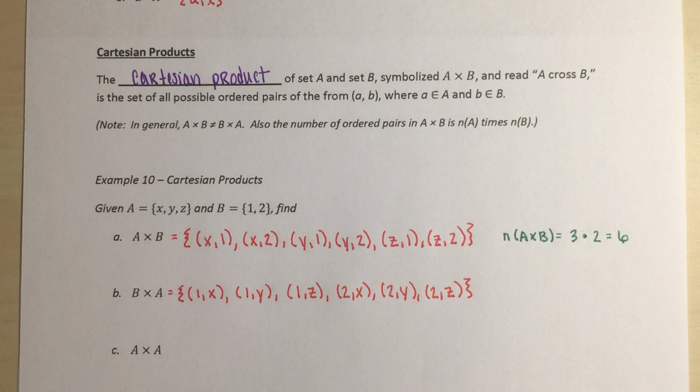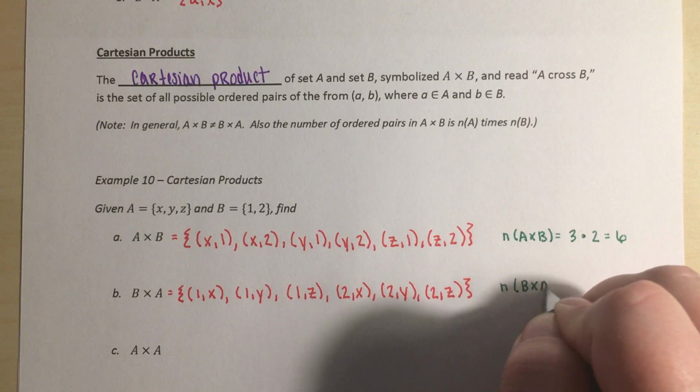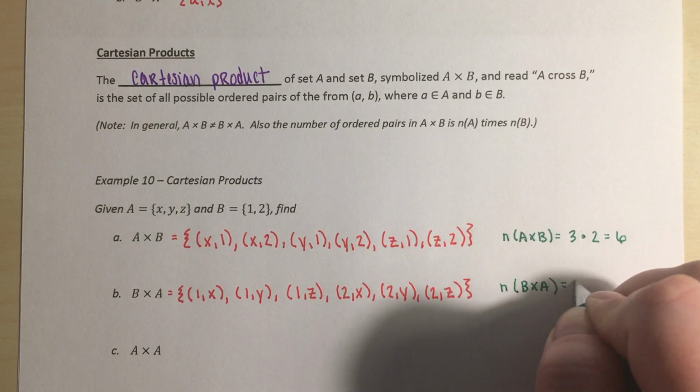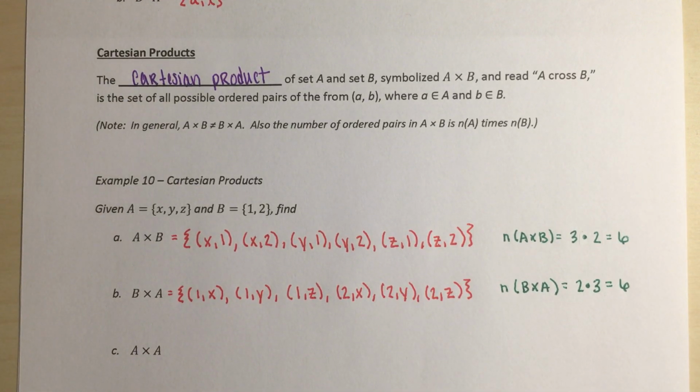In A cross B, we have a letter followed by a number. In our ordered pairs for B cross A, we have a number followed by a letter. For the number of elements in B cross A, again, we have 2 elements in B times 3 in A. We also have 6 elements in this set.